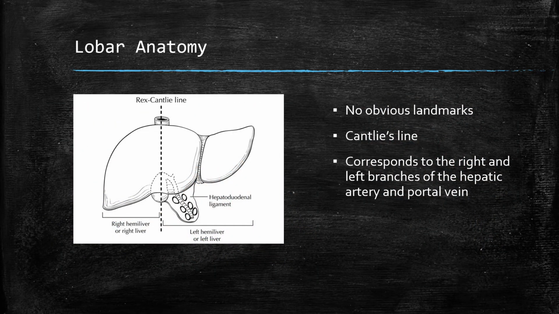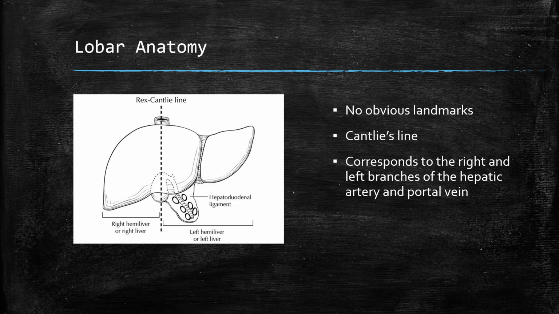The internal anatomy of the liver can be described in various different ways. We can talk about lobes, sectors, or segments. So let's figure out what we mean by a lobe first. A lobe is a functional unit based on the distribution of the right and left branches of the hepatic artery and the portal vein.